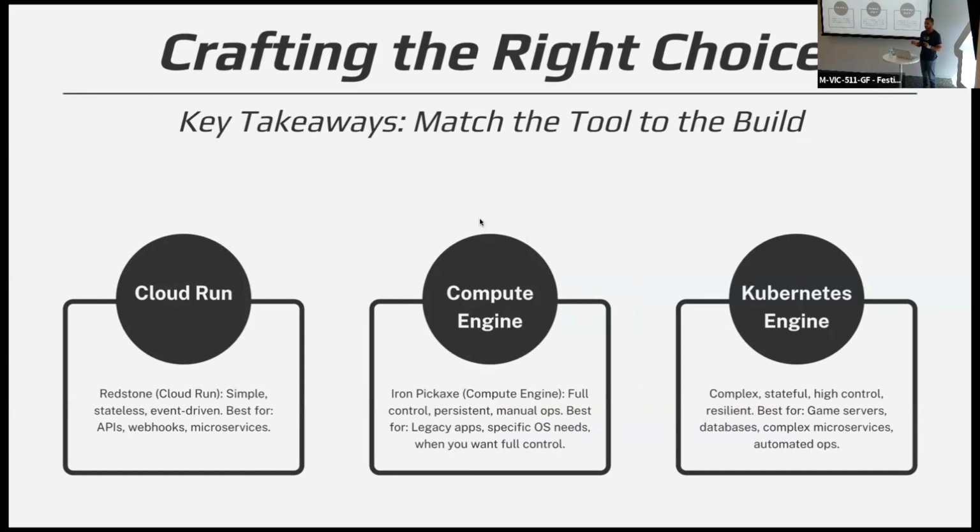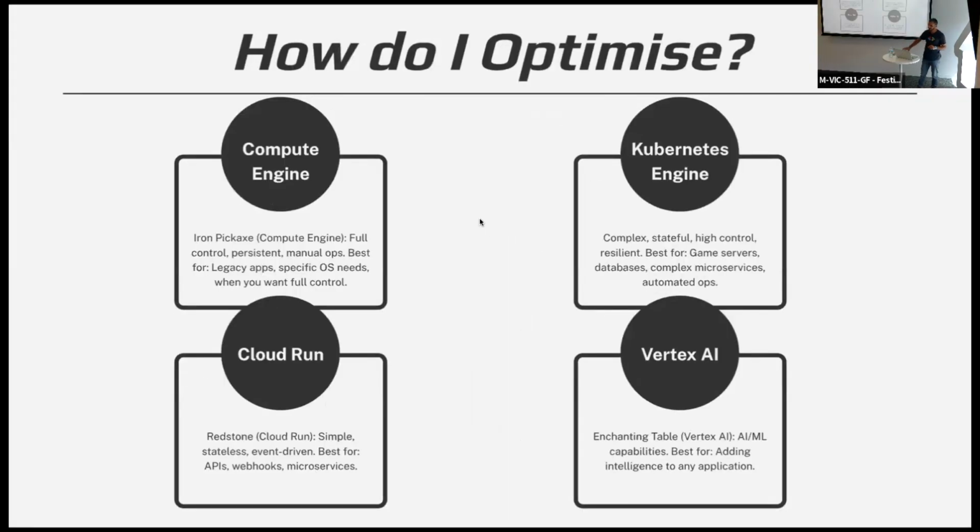Kubernetes Engine is complex, but it gives you statefulness, high control, and resilience, and is best suited for game servers, databases, or complex microservices. And then we bring in Vertex AI into the mix. It gives you a lot of added intelligence on top of your foundational layer for your applications.